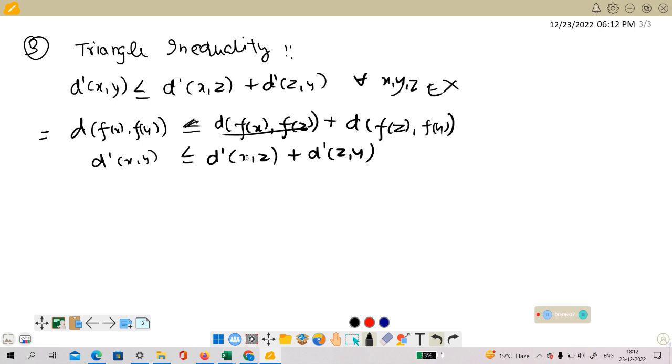There's nothing here, it's easy. We just need to see that f(z) belongs to Y, and we can apply the triangle inequality in the (Y, d) space. That's all we have used.